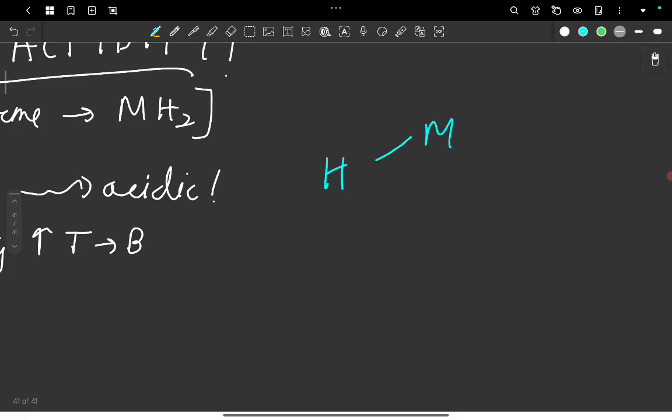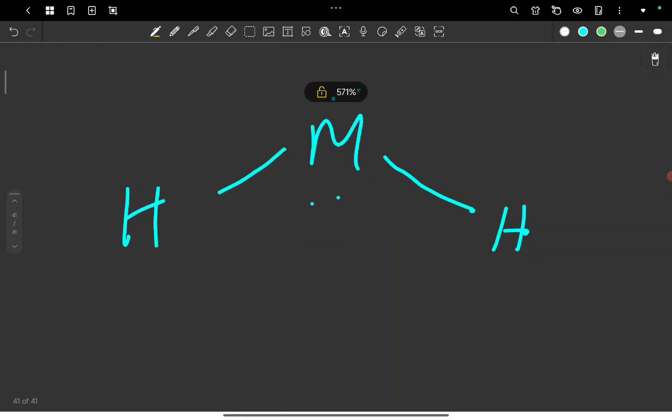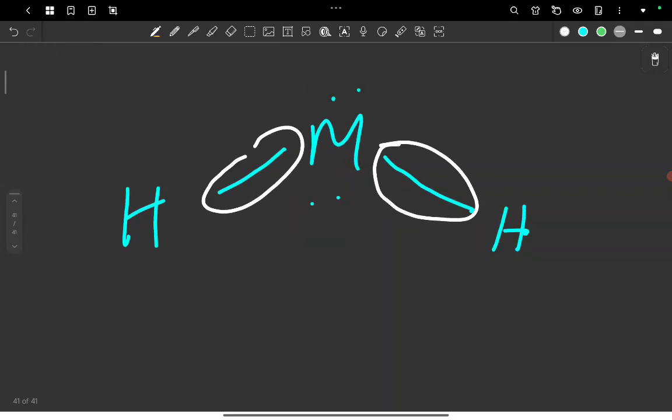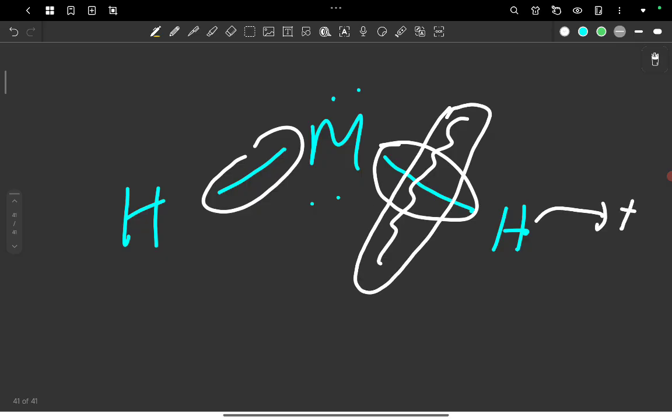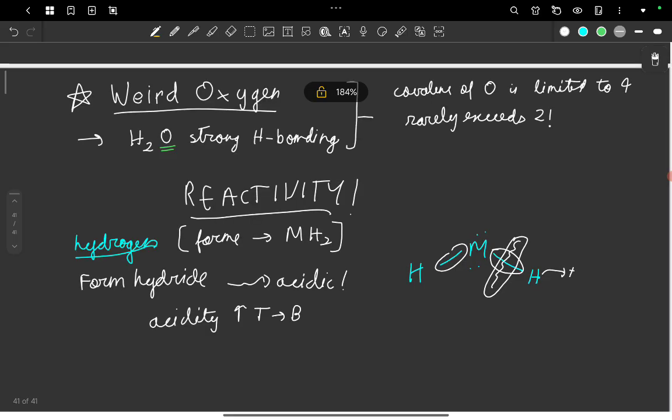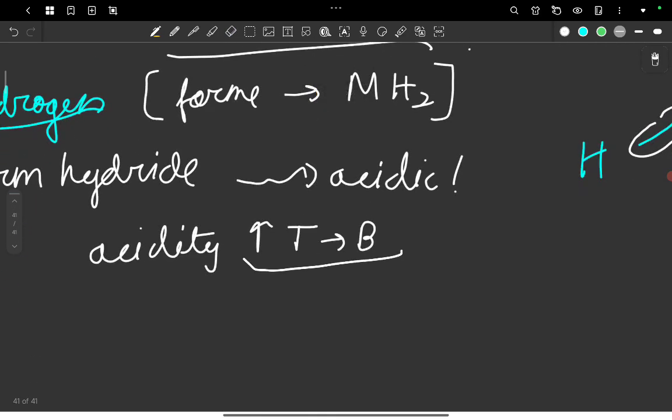This is the element and this is the hydrogen. Basically what happens is that when you go from top to bottom, these bonds get weaker, so it's easier for them to break and release an H plus. Basically the bond dissociation energy gets low and you can easily break apart an H plus from here, and hence the acidic character increases top to bottom.